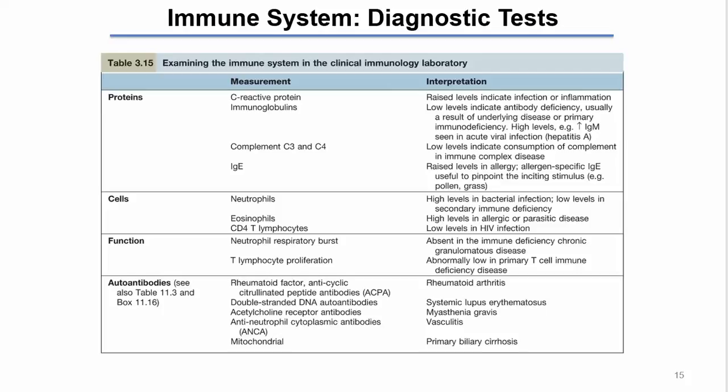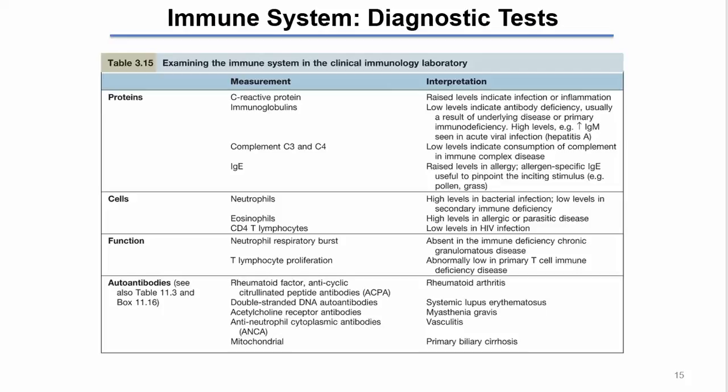So this is on the diagnostic tools. What do we look at when we're looking at the immune system? Well, blood tests and such. So one of the things we talked about in the last section was C-reactive proteins. So when we see high C-reactive, that means there's some sort of an inflammation, often an infection.